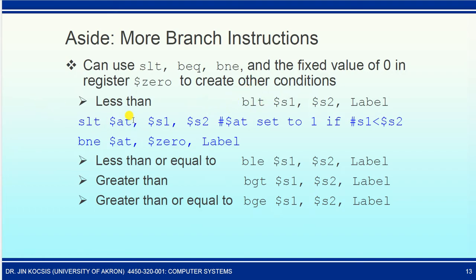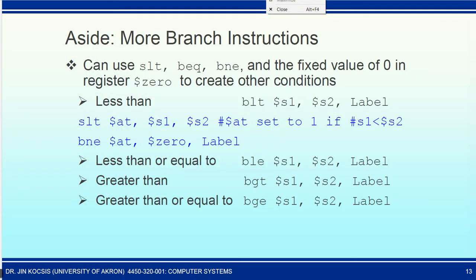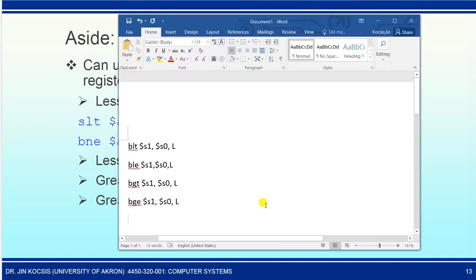Okay, now we go back to this general purpose register, the assembler temporary register. Why do I represent the general purpose register using this AT, which is called the assembler temporary register?